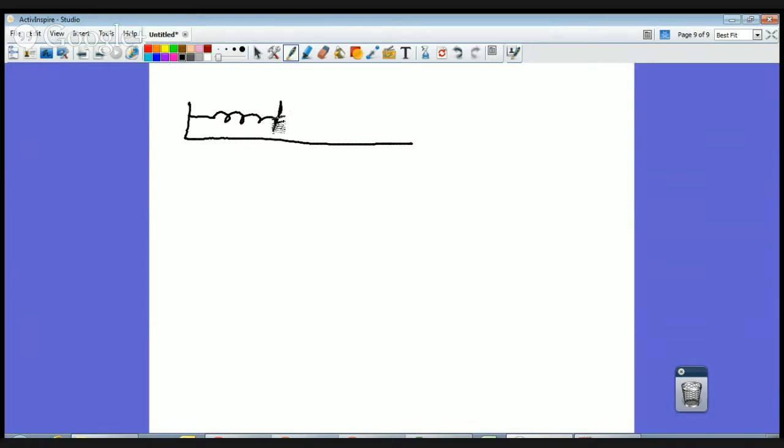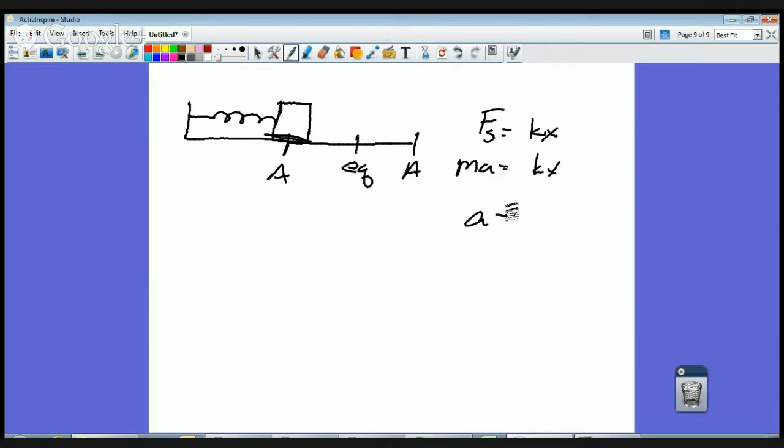Because with a pendulum, there's angles and different things going on and curves. With a mass on a spring, there's the equilibrium position and there's the amplitude, and you know the force is always going to be the spring force, which is kx, always pushing towards the center. So the acceleration, that's ma, is equal to kx, right? Technically it's negative kx, but that's right. So you know the acceleration is going to be proportional to the displacement. That's obvious.